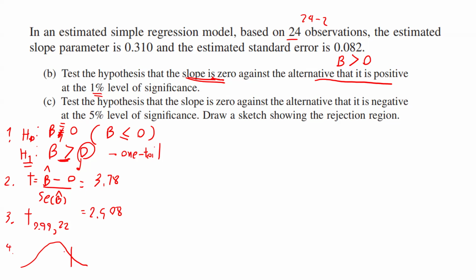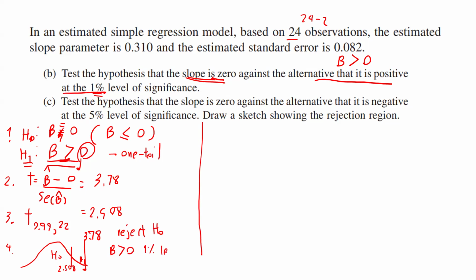So this one on the right, 2.508, and your answer is 3.78, so it is in the rejection region again. So you write down: you reject H naught, which means beta is greater than 0 at 1% level of significance.